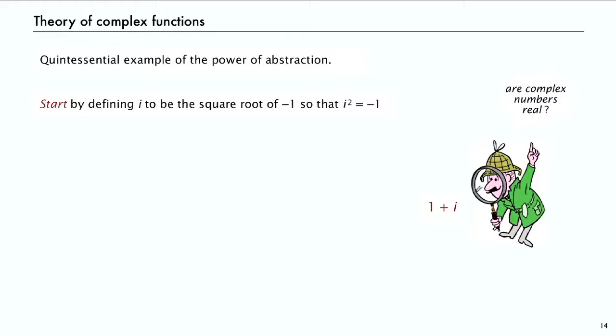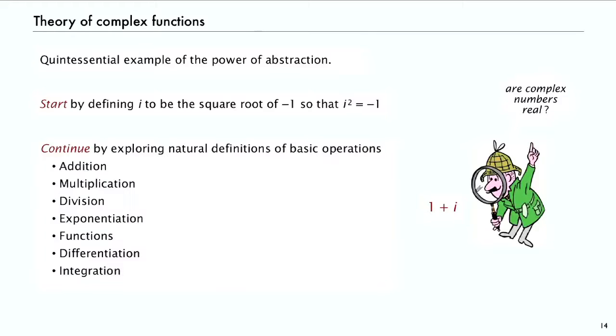There's no real number whose square is -1. So what we'll do is define a number that's the square root of -1, and we'll call that i. i squared is -1. Does i occur in the real world? Well, no, it's an abstraction. But it's an abstraction that helps us understand a lot about the real world.